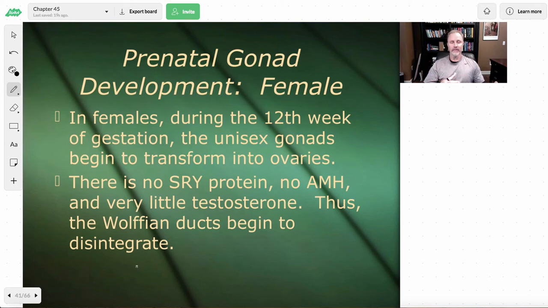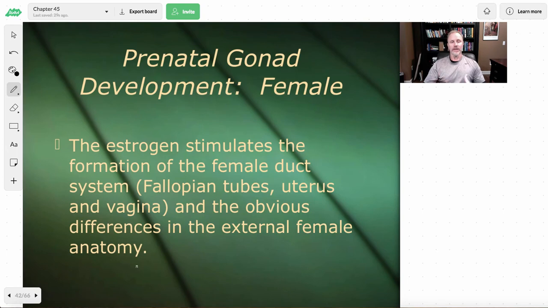There is very little of that, so the Wolffian system begins to break down. The Mullerian system isn't being attacked by the anti-Mullerian hormone, so the estrogen is going to stimulate that female duct system to arise out of the Mullerian system, and that's going to give rise to the fallopian tubes, the uterus, the vagina, and all of the obvious differences in the external female genitalia.